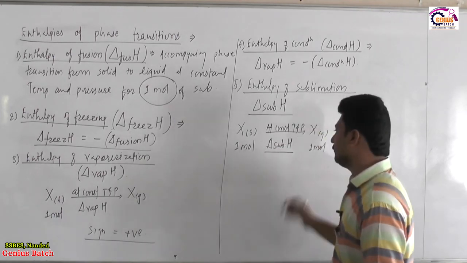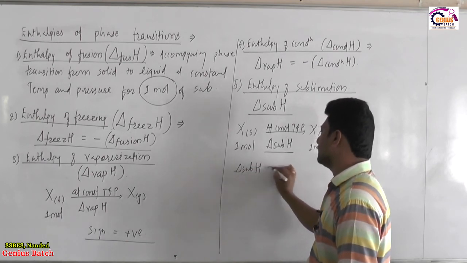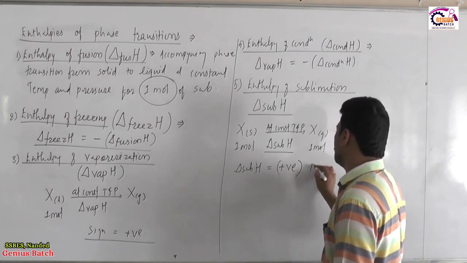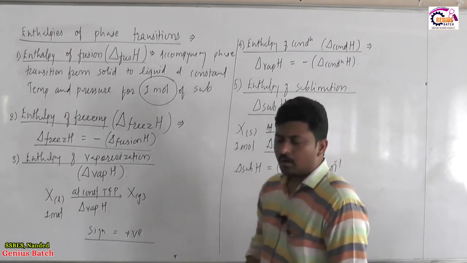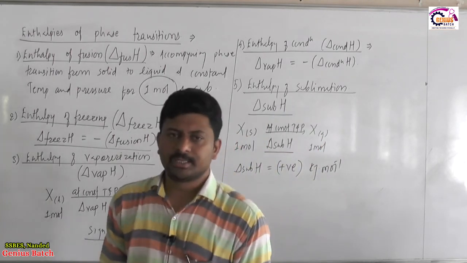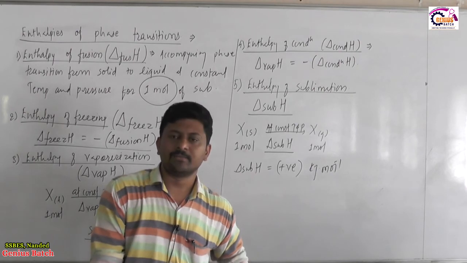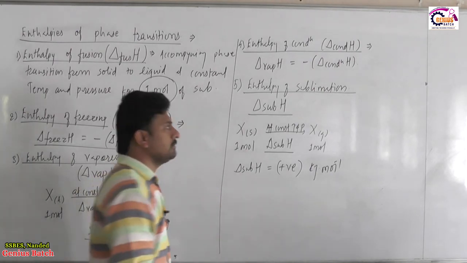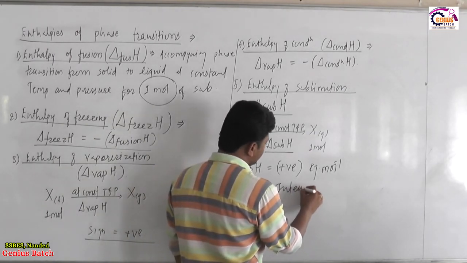Now because it is a forward change, this enthalpy of sublimation will be positive and expressed in kilojoule per mole. All the standard enthalpy changes are always expressed in kilojoule per mole, and whenever enthalpy is expressed per mole, then it becomes an intensive property. So this one is also intensive.